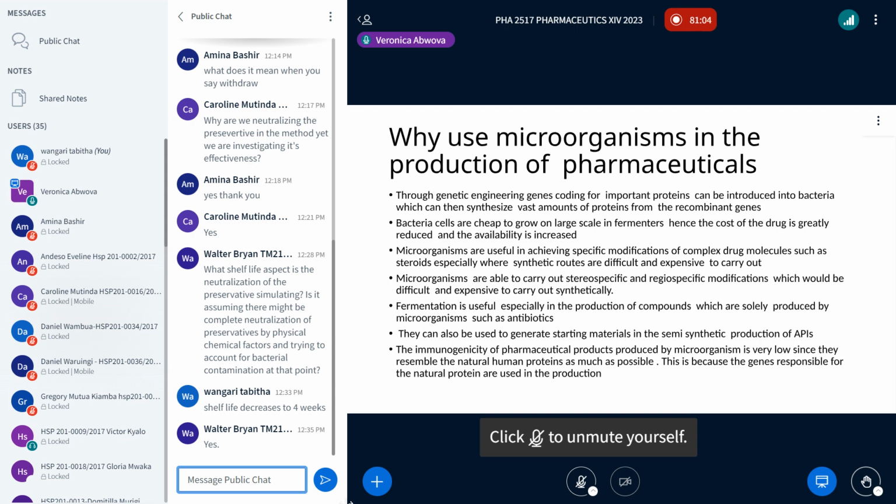So the immunogenicity of pharmaceutical products produced by microorganisms is very low since they resemble the natural human proteins as much as possible. This is because the genes responsible for the natural protein are used in the production. Again, going back to your biotechnology, okay?